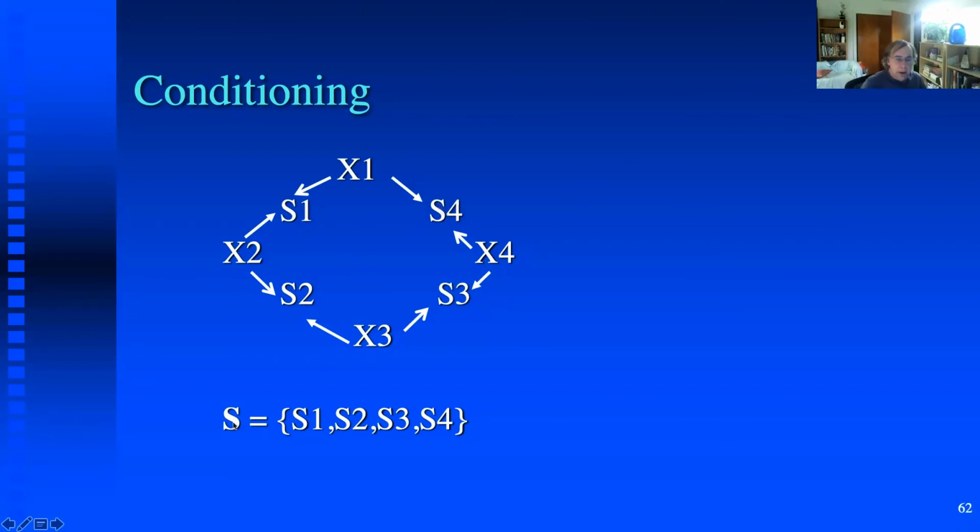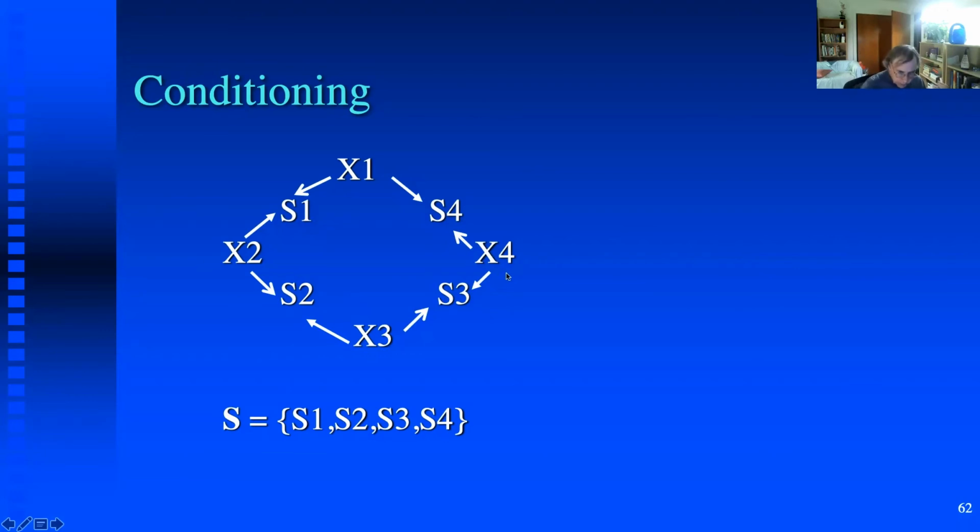So this is my conditioning set for being in the sample, and these are the causal relationships. These are how you get into the sample, as well as what causes what among the x's. So I've measured the x's, but I've only measured them within the S equals 1 case, where S1 through S4 are all true.